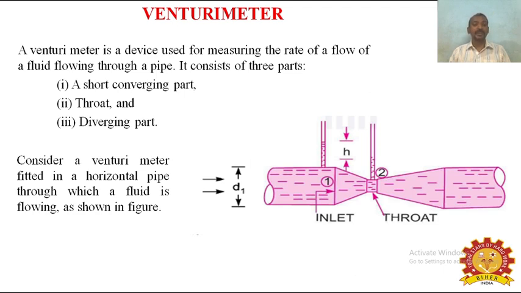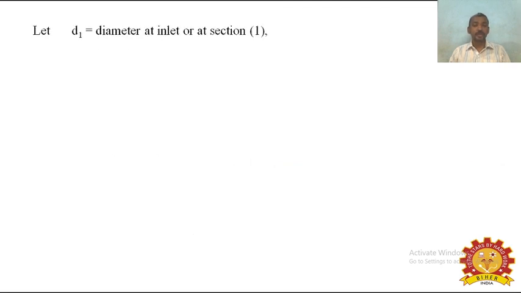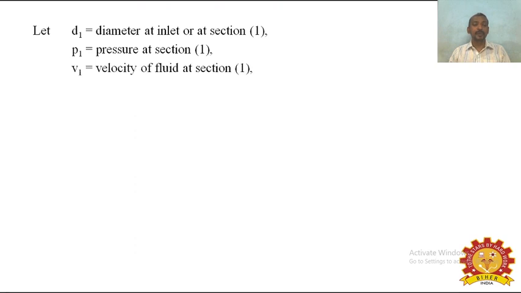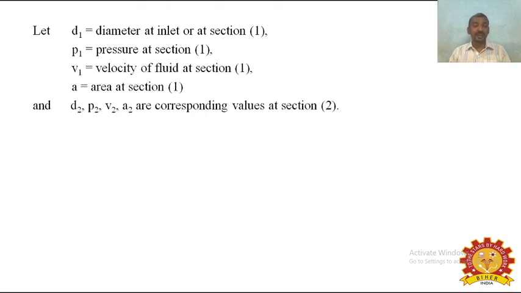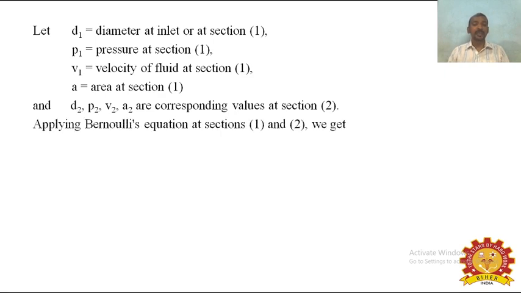That arrangement should be available. Similarly, for section 2, D2, P2, V2 and A2 are the cross-section values of section 2.